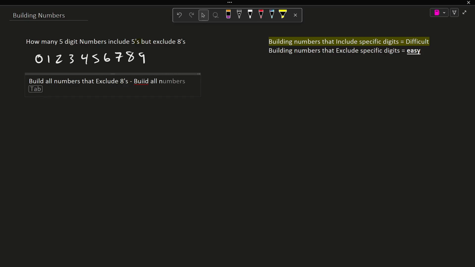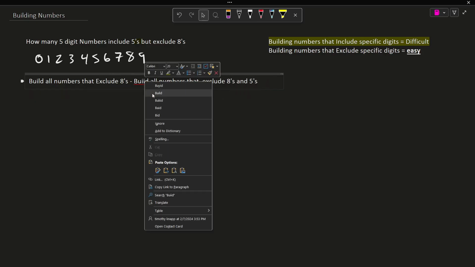So I now must build all numbers that exclude eights and fives. I'll spread this out here like that, and I'll spell that one hopefully correctly.